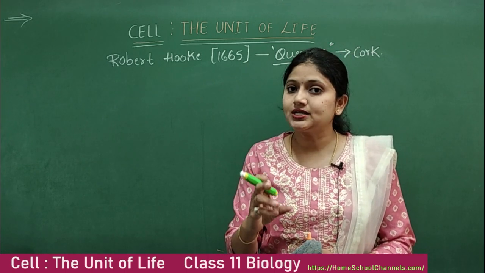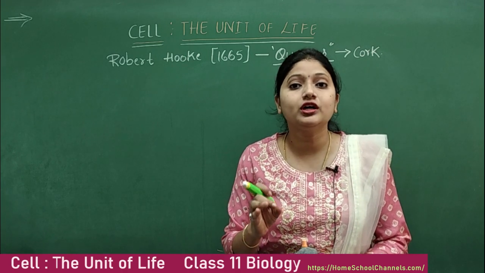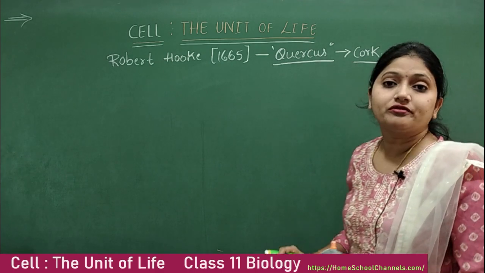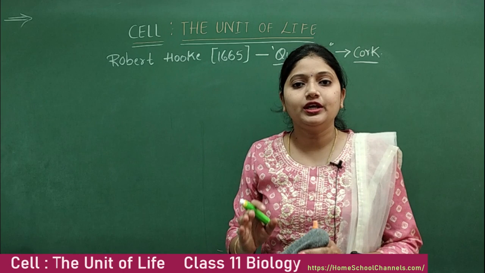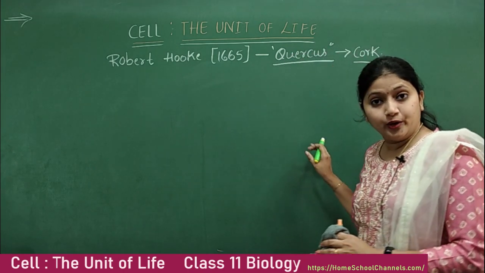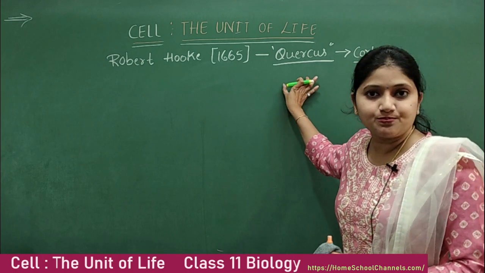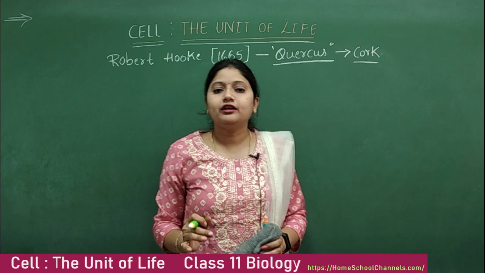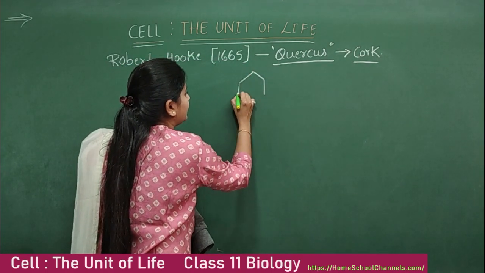Why has it been called a dead part of the plant? Because it has depositions of suberin, isn't it? Cork has depositions of suberin, and hence cork is always a dead part of the plant. And Robert Hooke, when he was studying the cork of the Quercus plant, could observe some tightly packed geometric shaped cells, actually something like this.